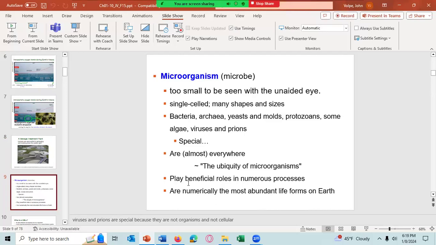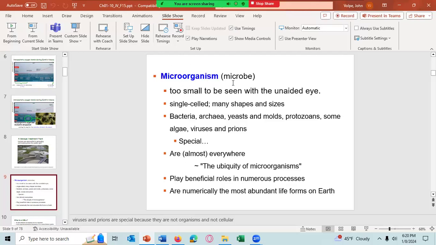When I'm talking about a virus or a prion, I will call that a microbe. I don't call it a microorganism because a virus is not an organism. A virus or a prion is not a cell. So it's not an organism. So I don't even call it a microorganism, but I do call it a microbe. However, your textbook author will call it a microorganism.